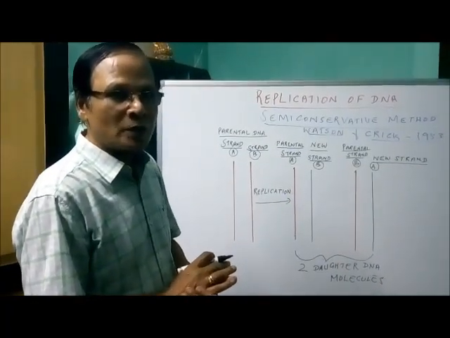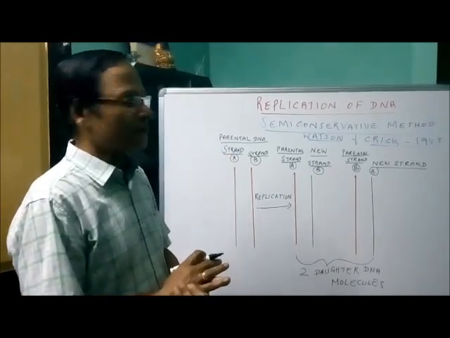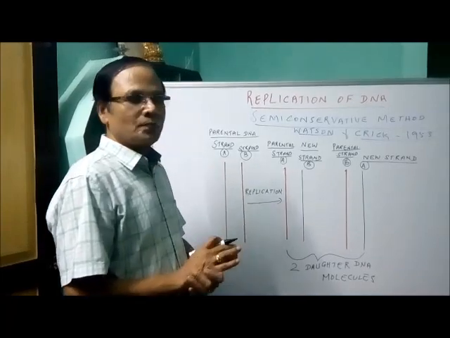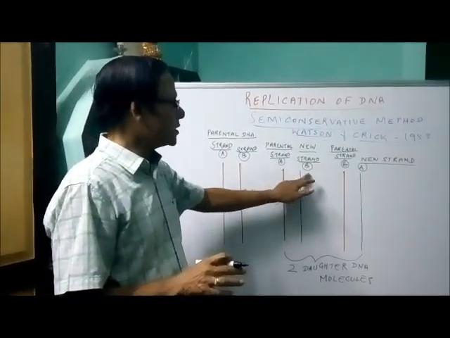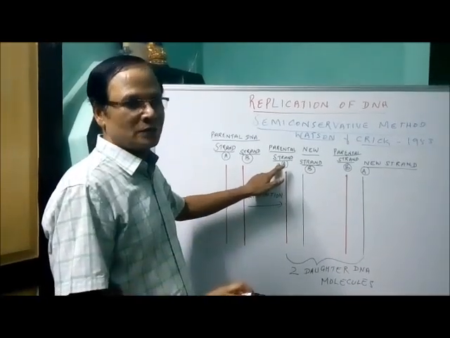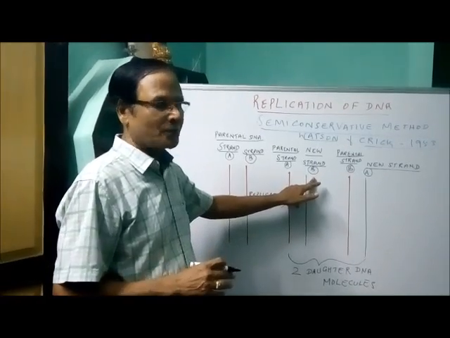These two DNA molecules are exactly similar to the parental molecule. But if you take this DNA molecule, out of the two strands, one strand is the parental strand, which is conserved, no change. The other strand is a newly formed strand.